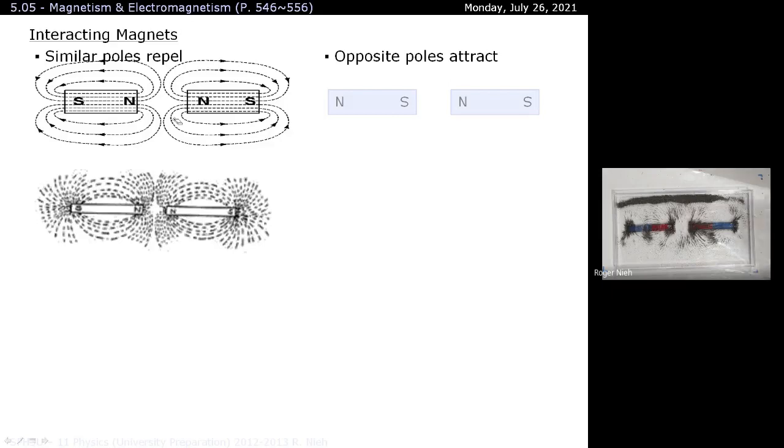And you can imagine that if you drew this the other way around, where you had, for example, north on the edges and south in the middle, the diagram would look more or less the same. The only difference is that the direction of the arrows would be opposite.